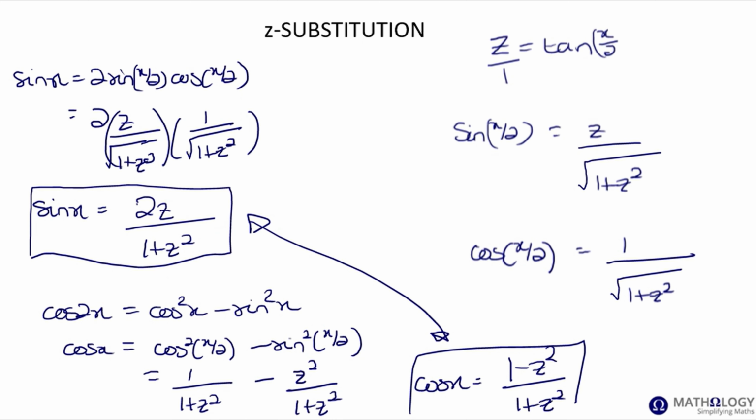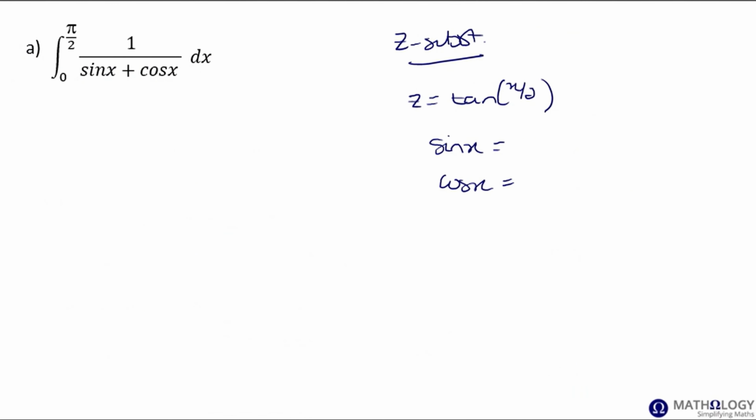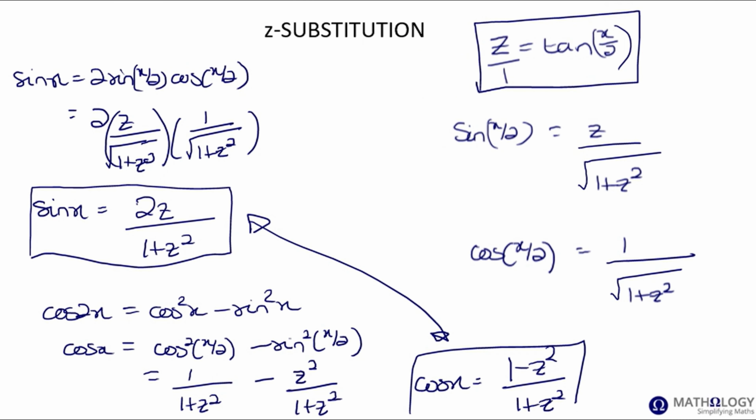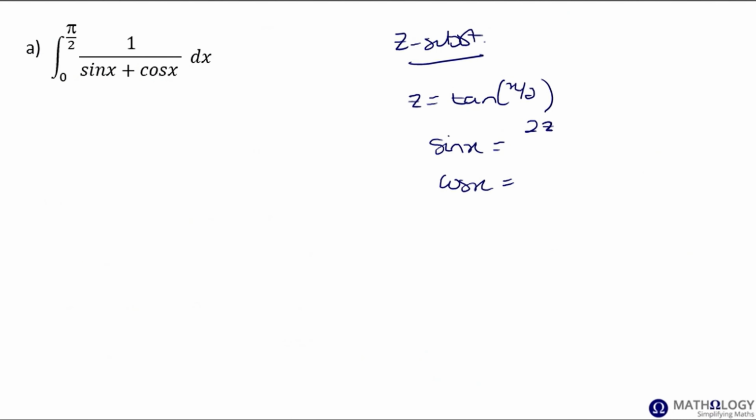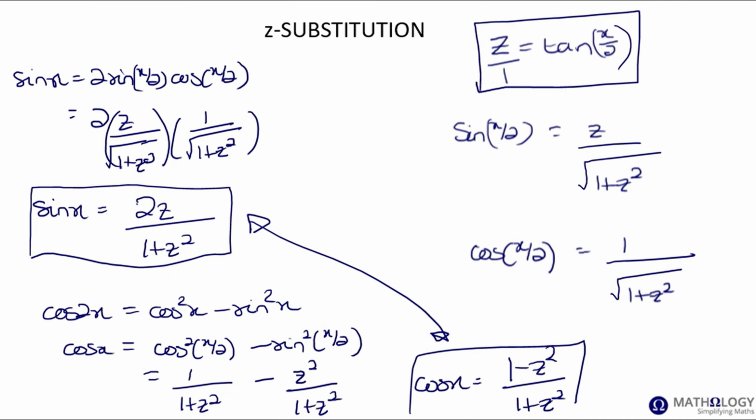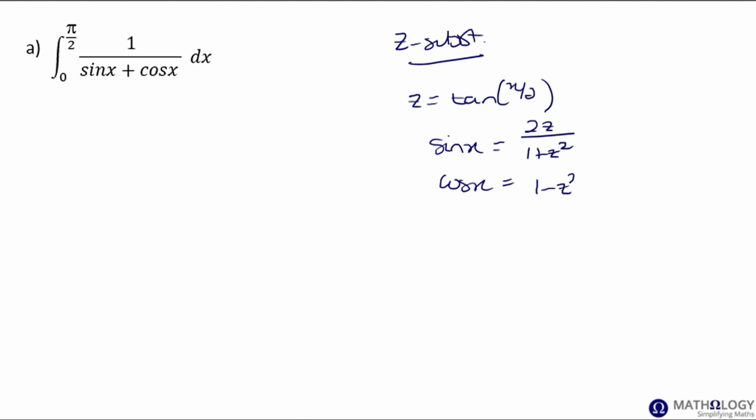If you can't, then you can always go back to z equals tan x over 2 and derive the formula yourself. It might take a bit of time, but in preparation for an exam, if you need to, rather derive the formulae as opposed to trying to memorize them. So sin x is 2z over 1 plus z squared, and cos x is 1 minus z squared over 1 plus z squared.